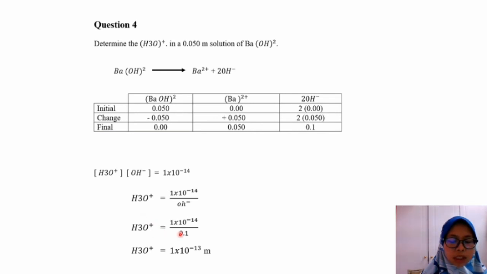This is taken from here, substitute in OH minus is 0.1. So we got the answer, H3O positive is equal to 1 times 10 to the power of negative 13.